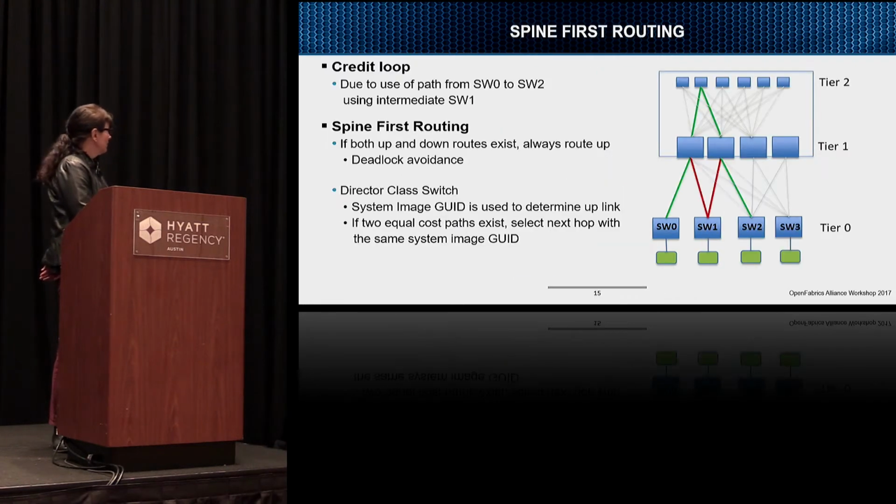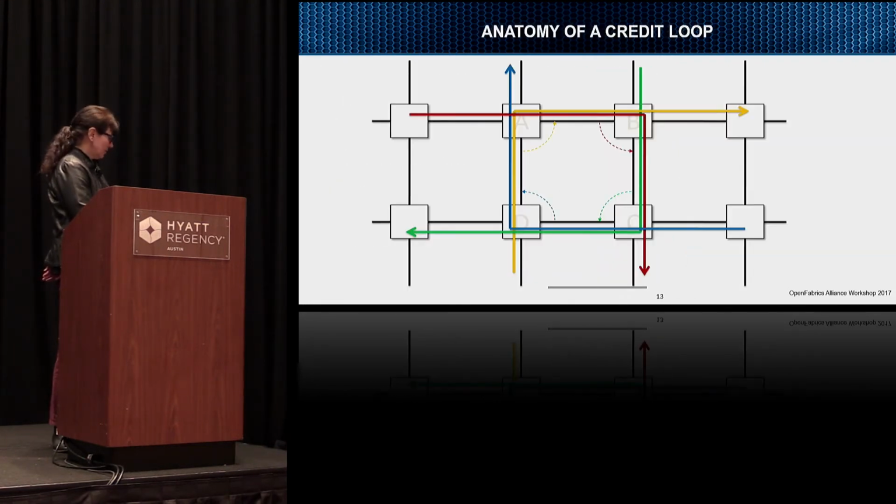We have four different types of traffic flows doing turns. So in this case, you might have traffic stopped here, trying to send here because there's no credits. B wants to send to D through C, but there's no credits here, and it's a classic deadlock around here. And so we have to address this in some of our routing.